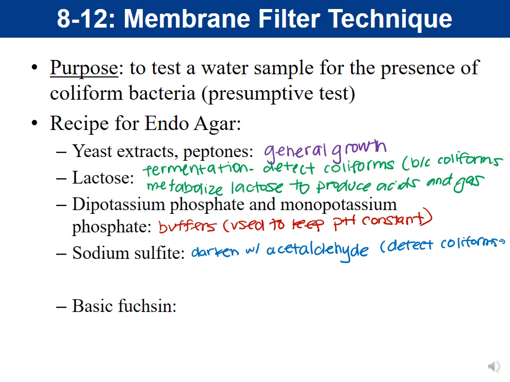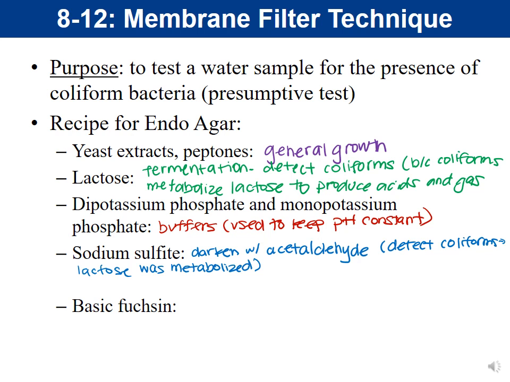And that is used to detect coliform. Because what that tells us is that lactose was metabolized. Because again, the only way that you get darker colonies is if the lactose was metabolized. Because if it was, it produces acetaldehyde and the sodium sulfite will darken with the acetaldehyde.